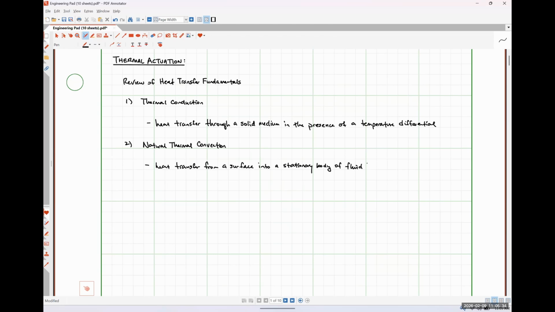And in this case, a temperature gradient in a fluid induces local flow movement through buoyancy.